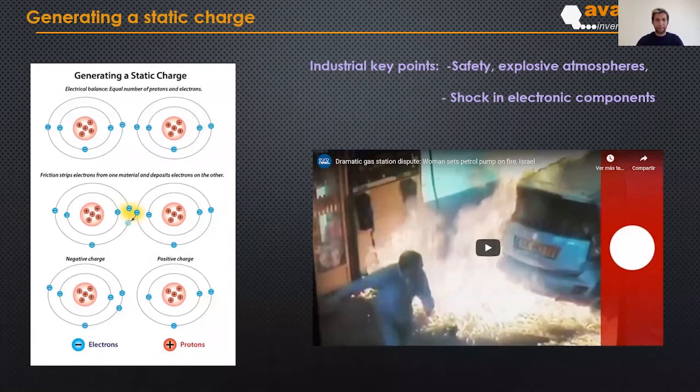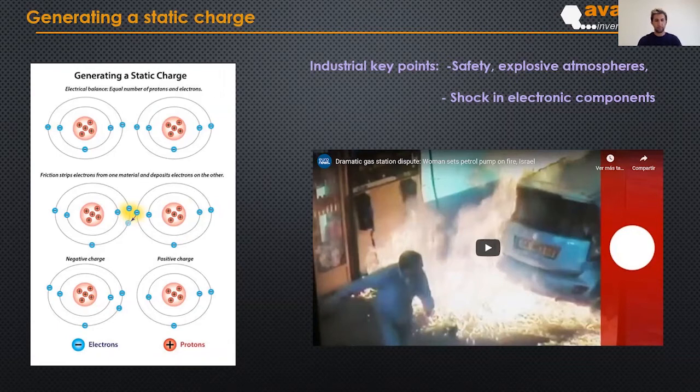The electrical charge is always generated by subtraction from the material, and everyone has suffered an electrical discharge. For example, when you touch a metal object, or when you go to a petrol station and touch the door of your car and a spark appears.